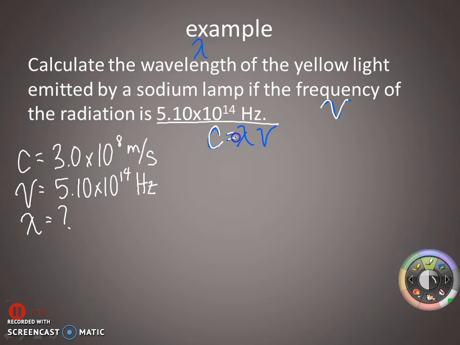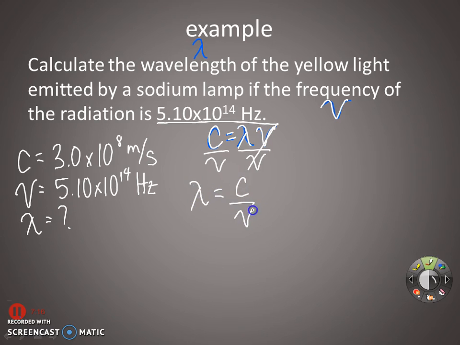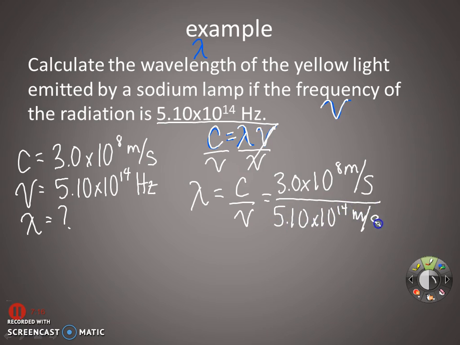So if we have c equals lambda times nu, and we need to get lambda by itself, that means we need to divide both sides by nu. So to solve for lambda, we're going to take c divided by nu. c we know is 3.0 times 10 to the 8 meters per second divided by nu, they told us is 5.10 times 10 to the 14th.